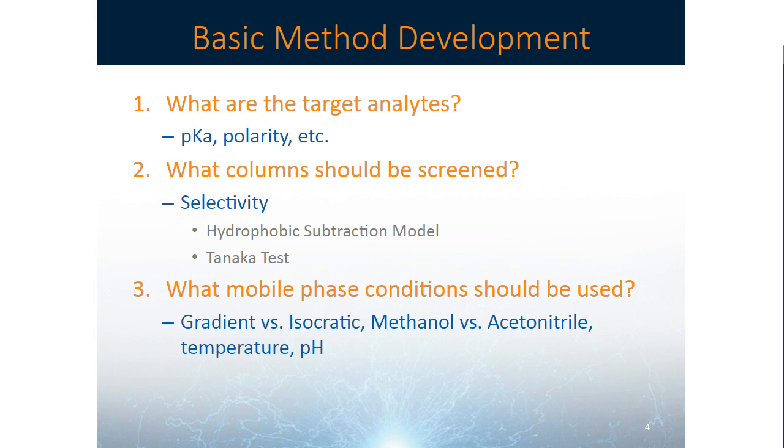And then finally, you need to decide what mobile phase conditions should be used in terms of should you use a gradient or isocratic conditions? Is it better to use methanol or acetonitrile? And then finally, look at temperature and also the effects of pH. So, of course, the goal is to resolve all the peaks in the shortest time possible.